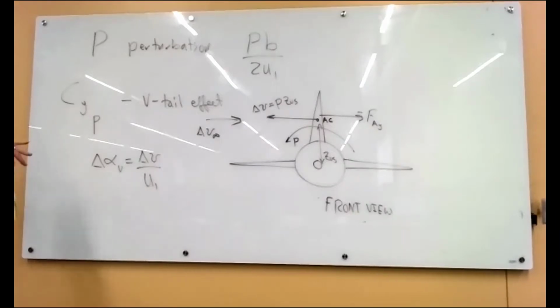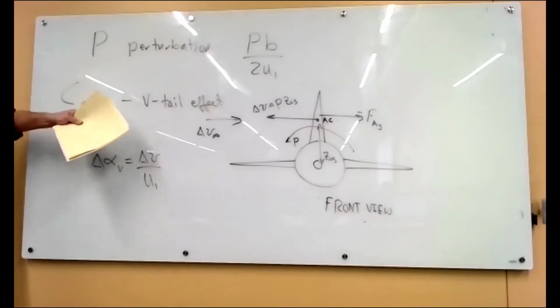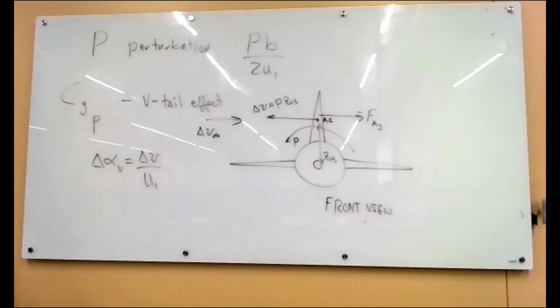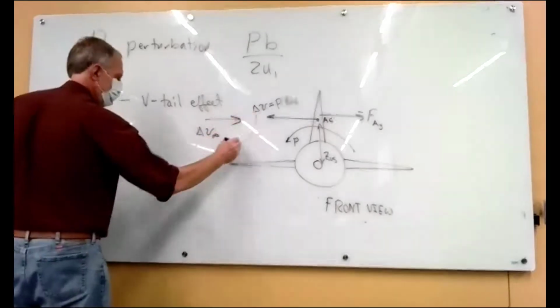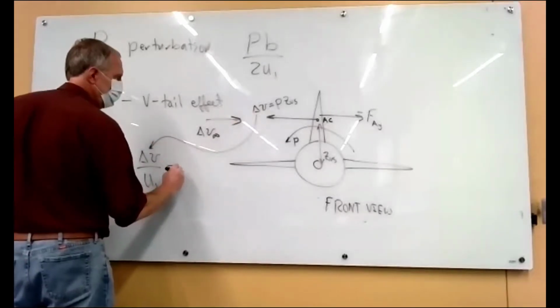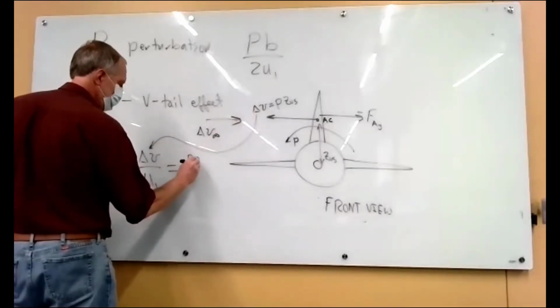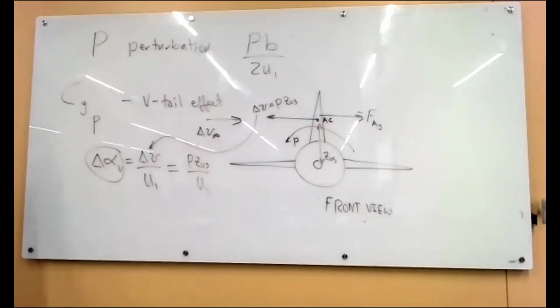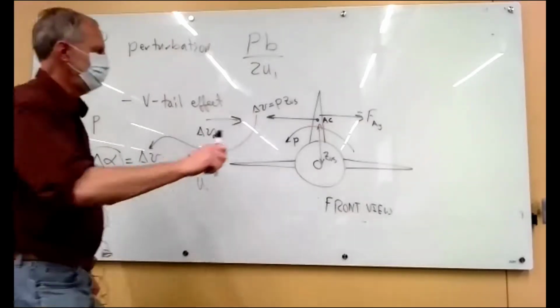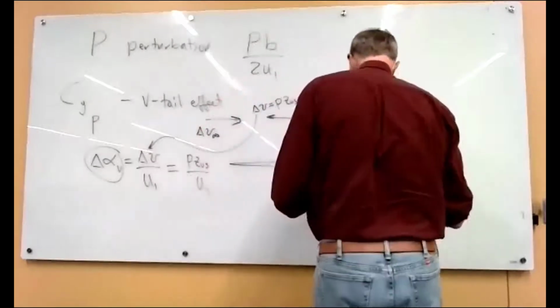All right, so that's the little component of the side velocity vector. And then you have the forward component, and we're saying tangent and sine are just the angle. So this is the effect. P gives us this delta alpha of the vertical tail, and that's what gives us the side force.